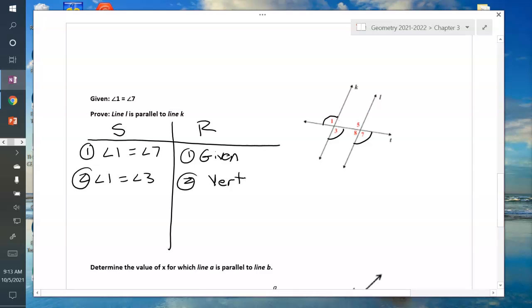Angle 3 is congruent to angle 7. Because check it out, I got 1 equal to 7 and 1 equal to 3. So if A equals B and B equals C, then A equals C. So what this means is by transitive property, I can claim that angle 3 equals angle 7.